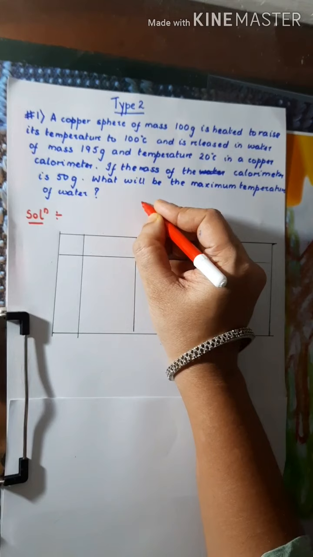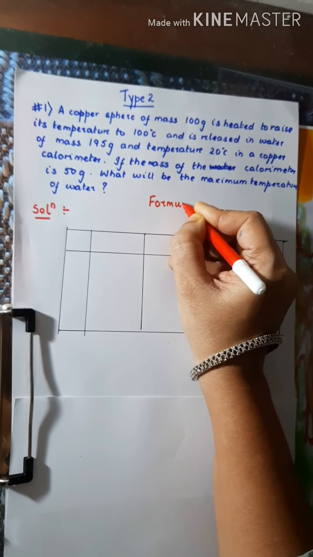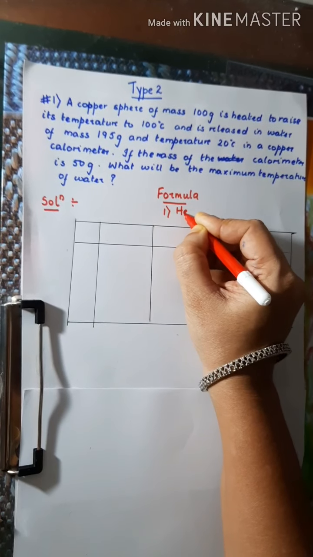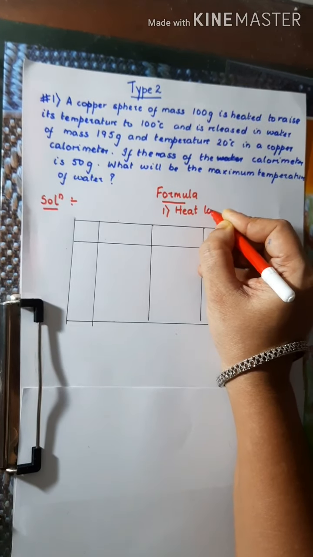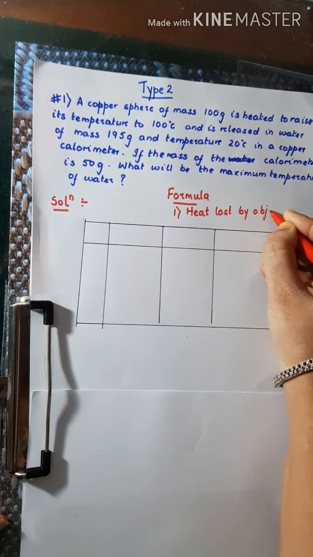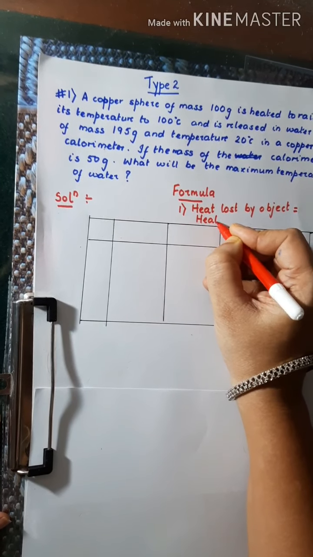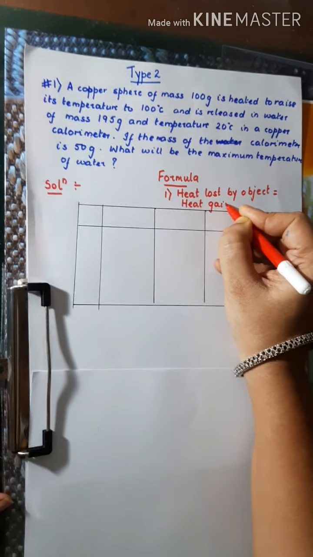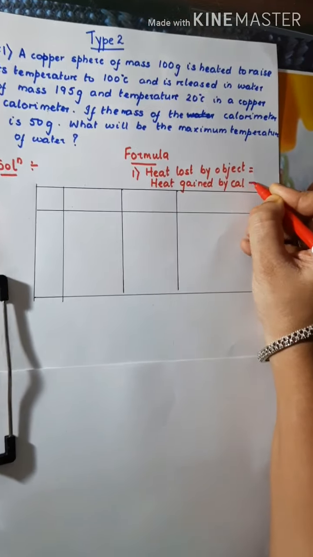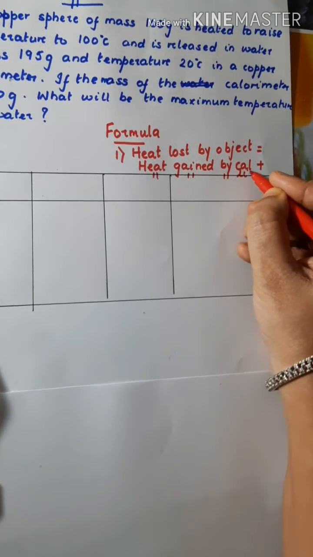Okay, the formula I will use out here will be heat lost by object equals to heat gained by calorimeter plus heat gained by the liquid which is there in the calorimeter.